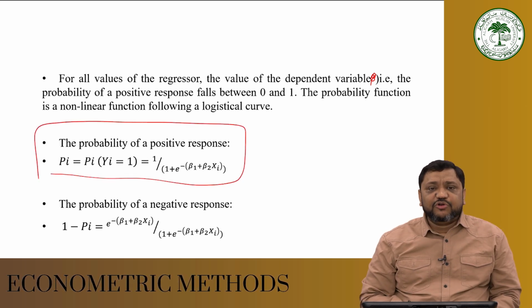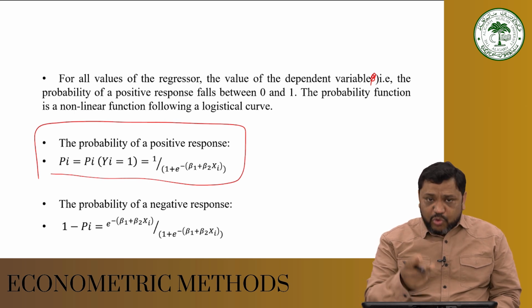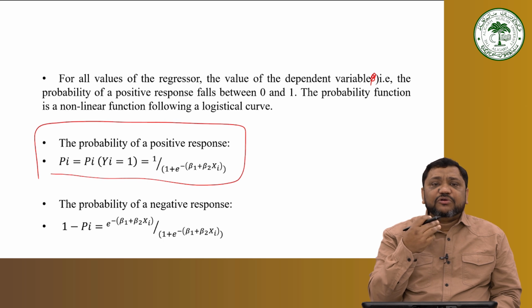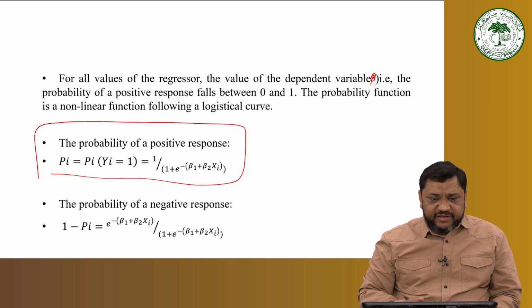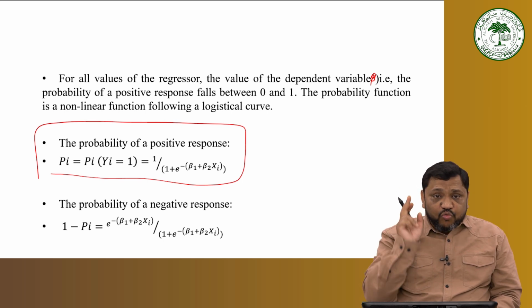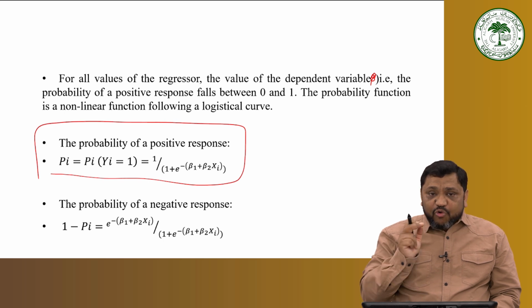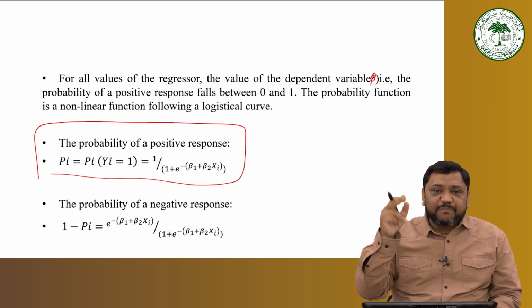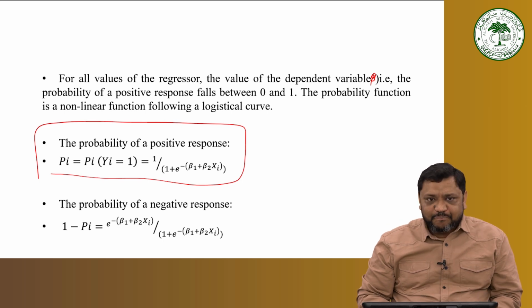Pi is equal to Pi when y is equal to 1, a positive response, and y is equal to 0 if we have a negative response, is equal to 1 divided by 1 plus e raised to the power minus beta 1 plus beta 2 xi.